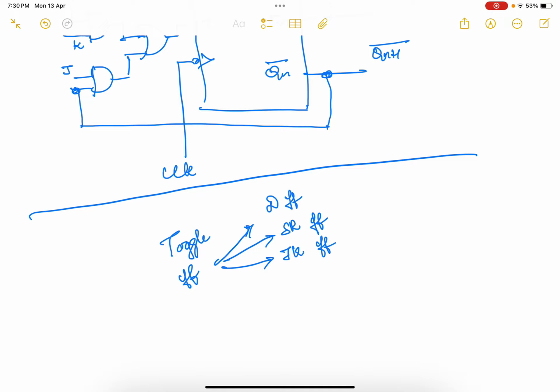All the 12 conversions have been completed. Those who have missed any conversion, either D to T or SR to T or JK to SR or SR to D, all the conversions are available in our previous videos, and I request you to check and ensure that you have completed every video.